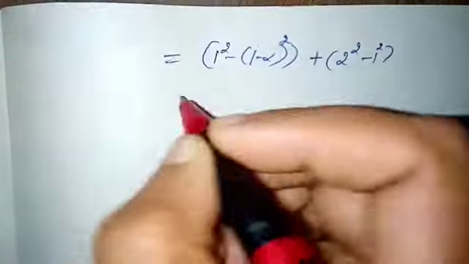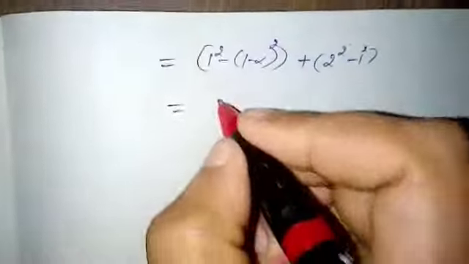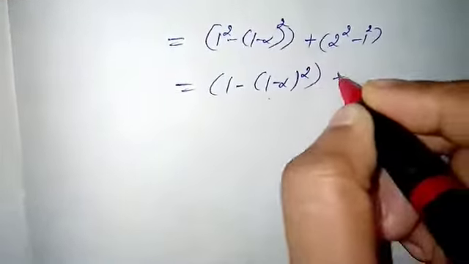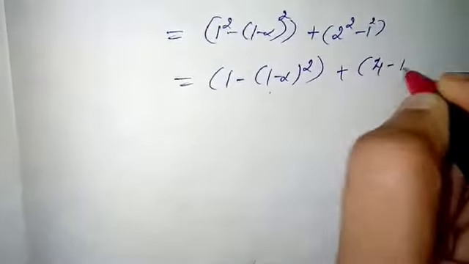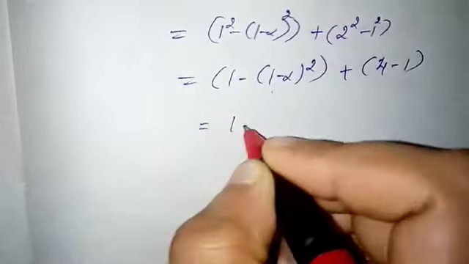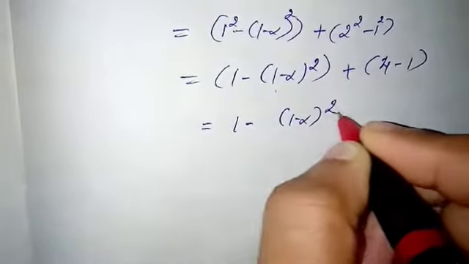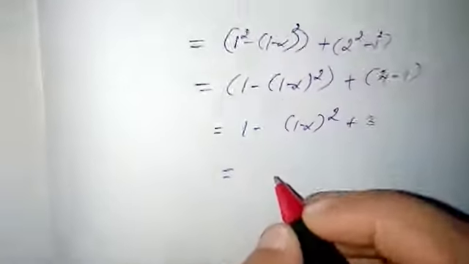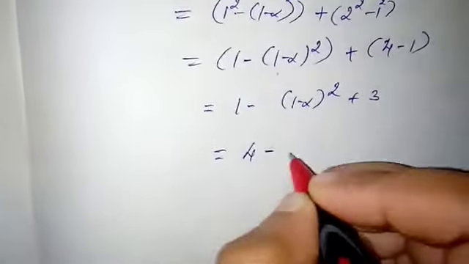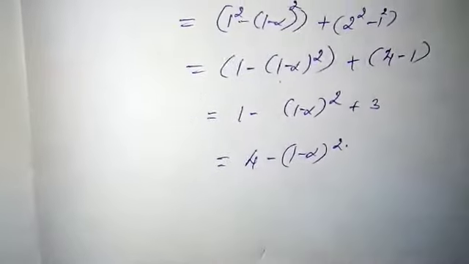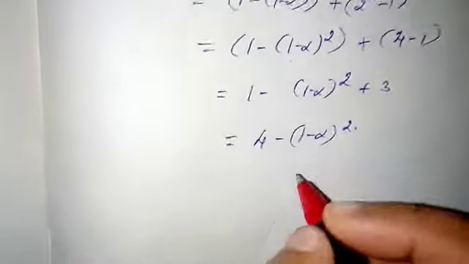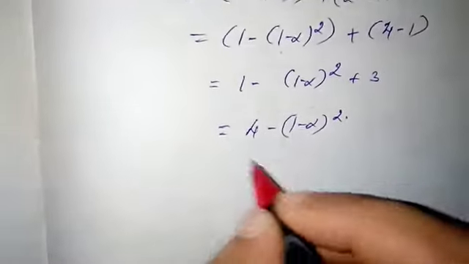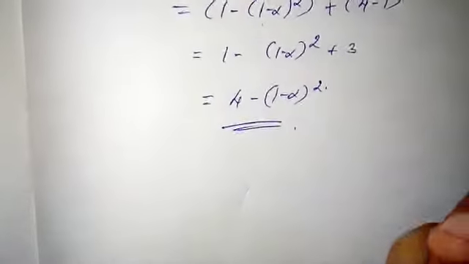That is 1 minus (1 minus alpha) square plus 4 minus 1, which equals 1 minus (1 minus alpha) square plus 3, that is 4 minus (1 minus alpha) square. This is the power of the test.